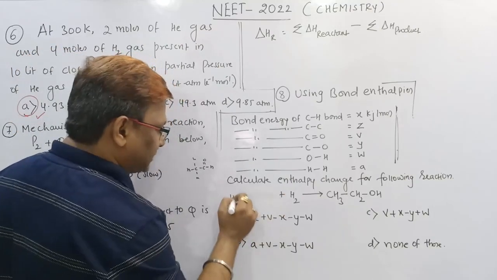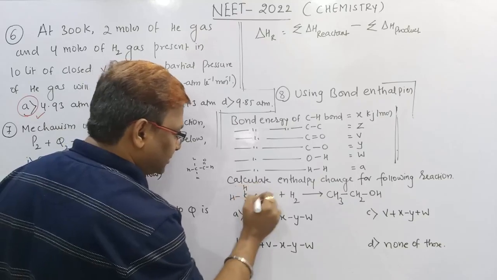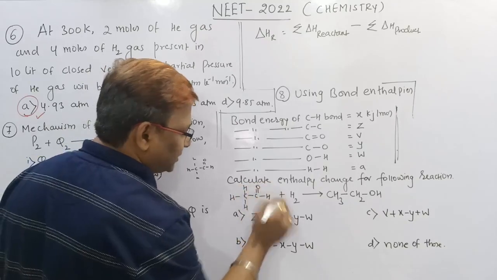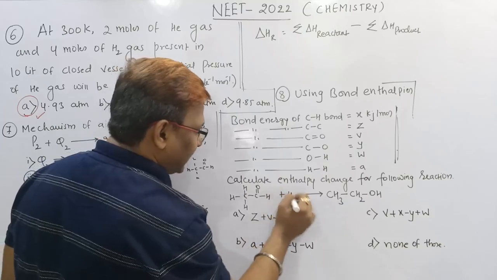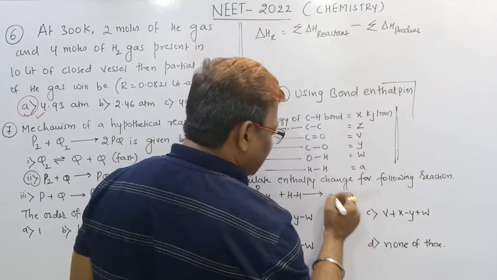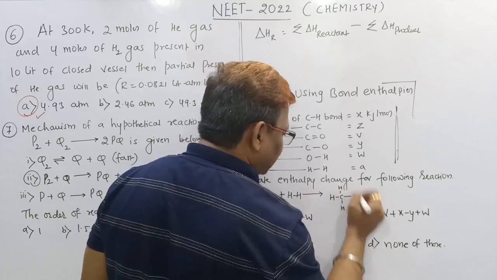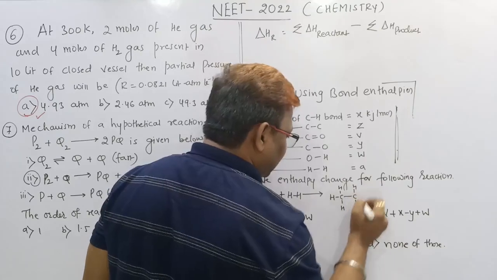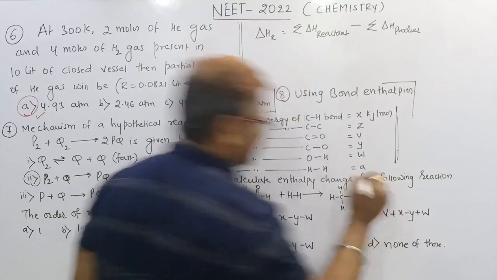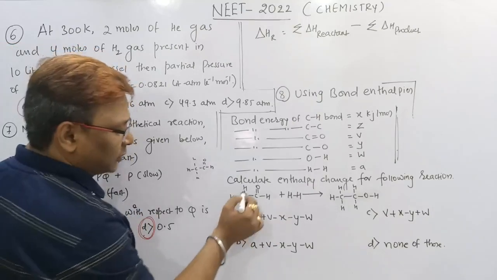CH3CHO can be written as CH3 C double bond O H. H2 can be written as H bonded with H. CH3CH2OH can be written as CH3, then CH2, and then O bonded with H.